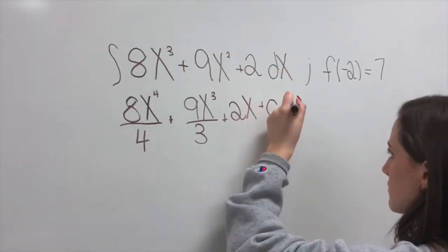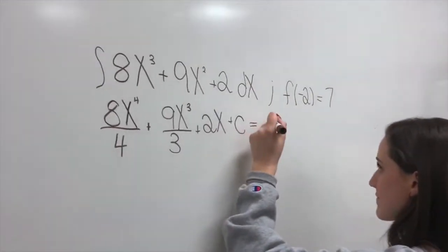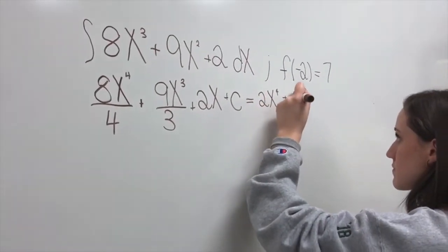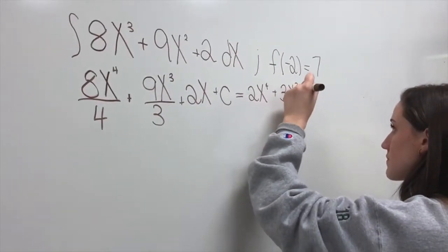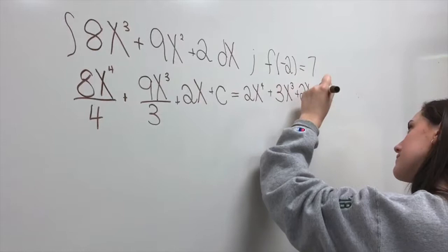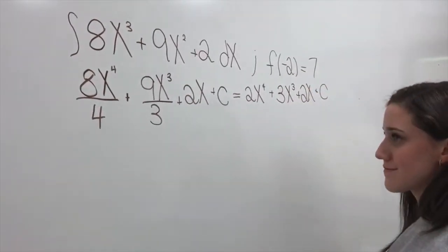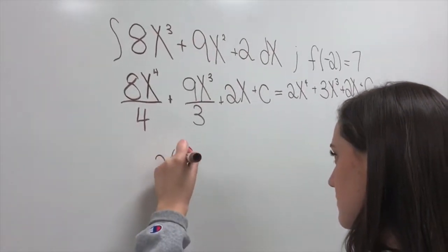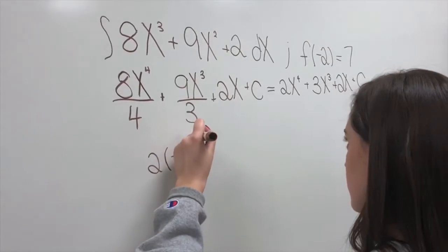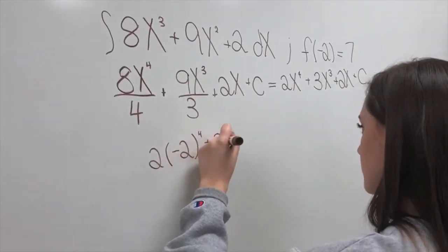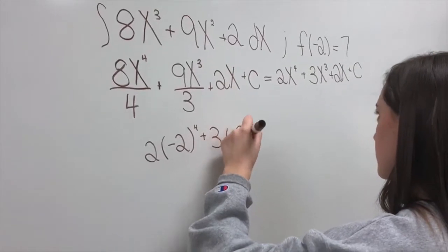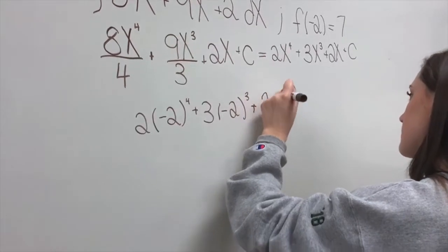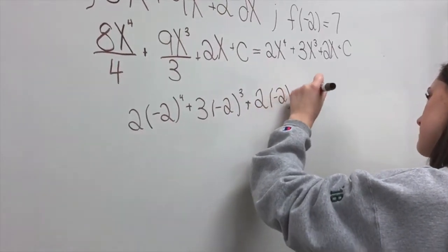And then that simplifies to 2x to the 4th power plus 3x cubed plus 2x plus c. And then we plug in -2 for x. So 2 times -2 to the 4th power plus 3 times -2 cubed plus 2 times -2 plus c. And then we set that equal to 7 and solve for c.